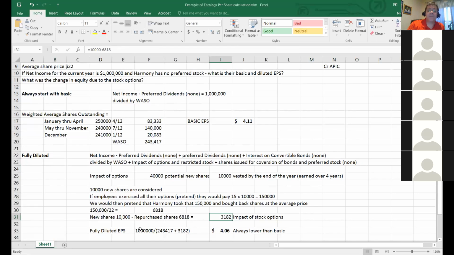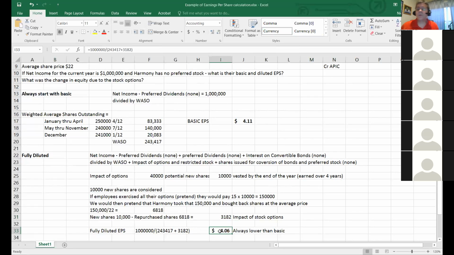So to calculate fully diluted earnings per share, we take the $1 million, same as we did up here. We divide it by this WASO 243,417 we calculated up here, plus the 3,182 impact of the stock options.